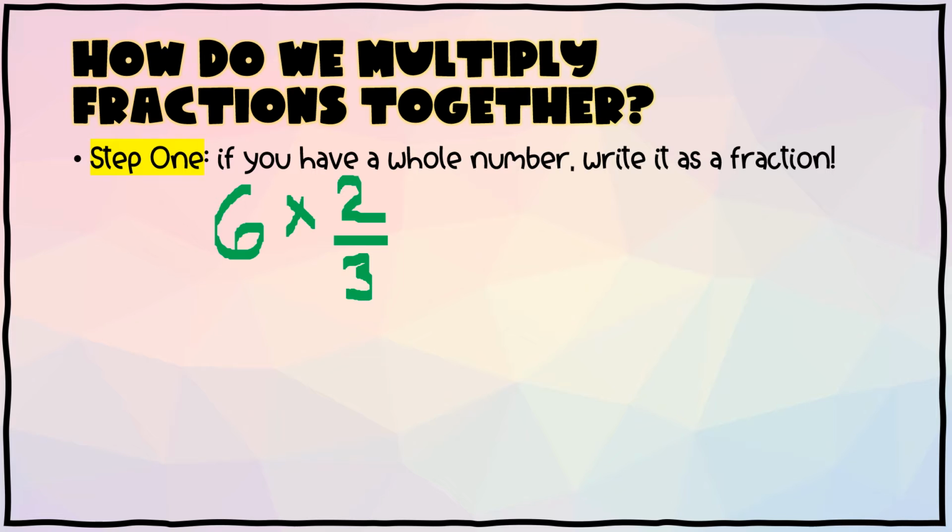So this 6 that we see right here, I'm going to have to turn that into a fraction. So I'm going to put 6 over 1 because it's 6 parts to 1 whole. 6 divided by 1 is 6. It's the same thing as saying 6. And 2/3 stays the same.